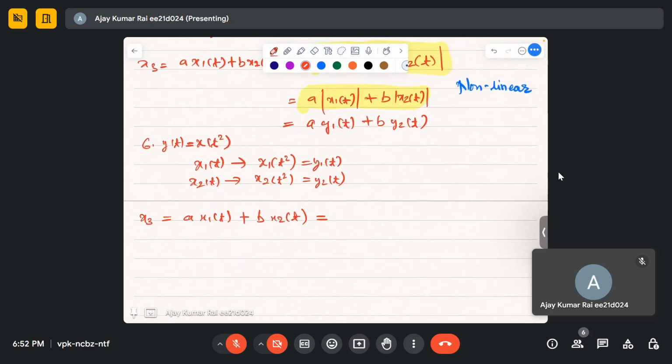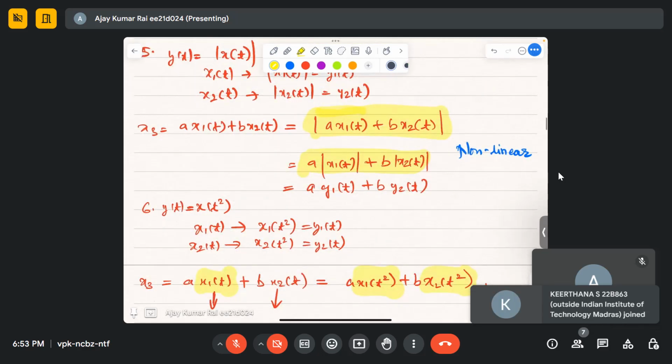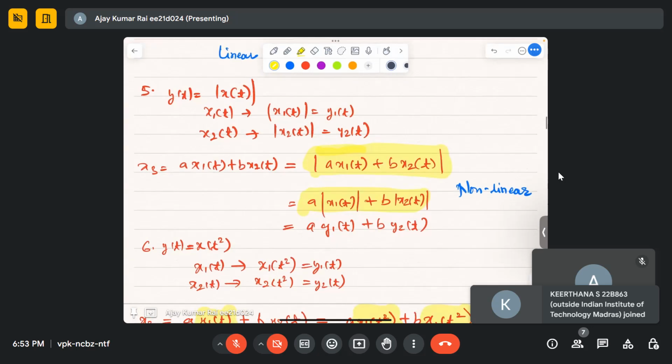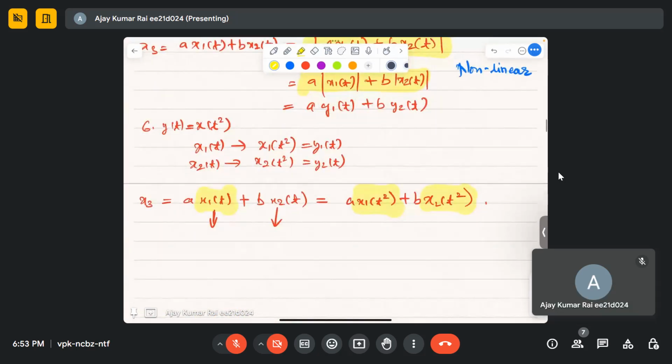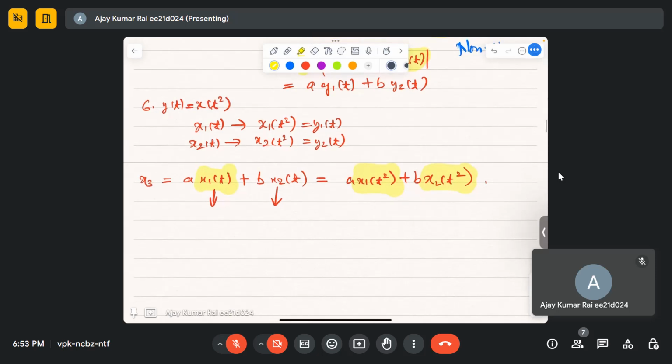So what I'll get is the same, you see, because they're doing the operation on x. Okay, you see here, this is also three.